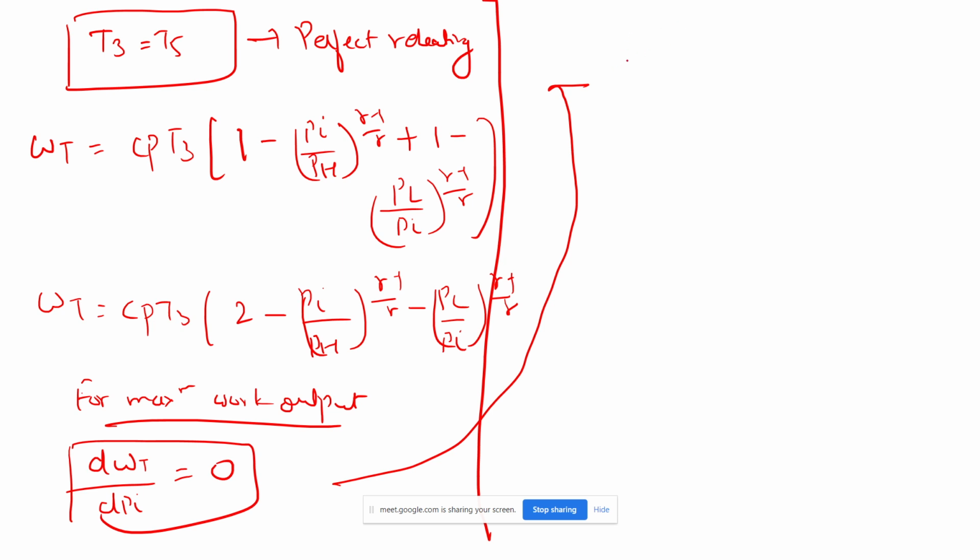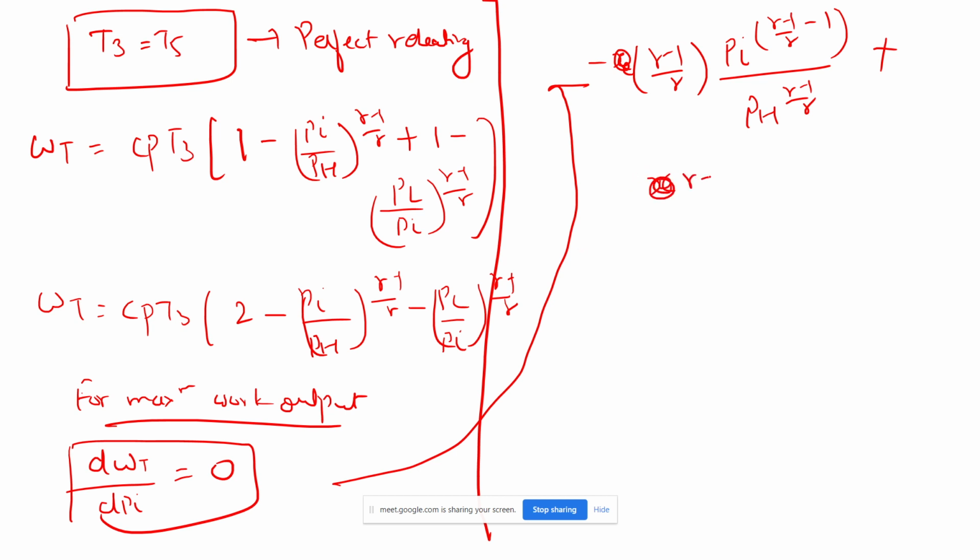After rearrangement, the differential is gamma minus 1 upon gamma times P intermediate to the power gamma minus 1 upon gamma minus 1 upon P higher to the power gamma minus 1 upon gamma, plus gamma minus 1 upon gamma times P lower to the power gamma minus 1 upon gamma divided by P intermediate to the power gamma minus 1 upon gamma plus 1. We put this equal to 0.